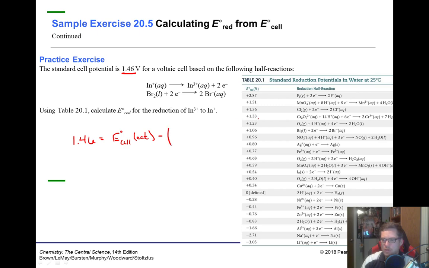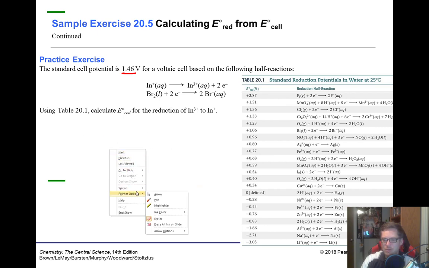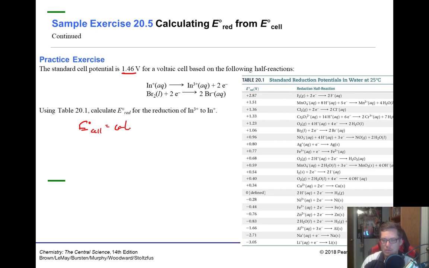So we find bromine on our list. It's right here, there's our Br2. Oh, shoot, they tried to trip us up here, didn't they? Look at this real quick. We know the overall equation is the cathode minus the anode, so we have to identify which one's the cathode and which one's the anode.